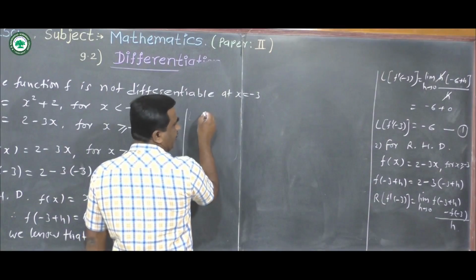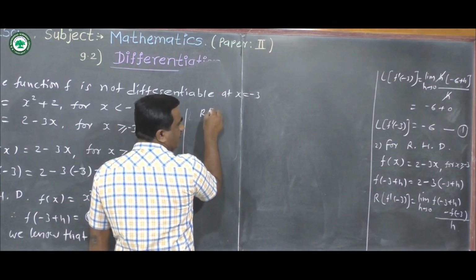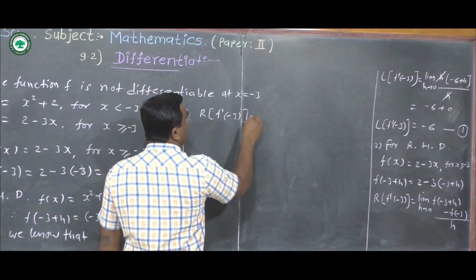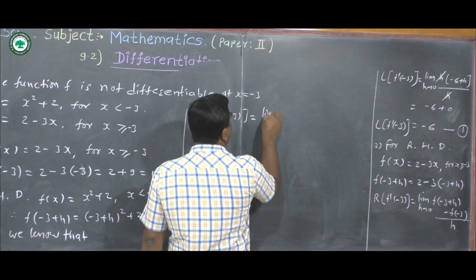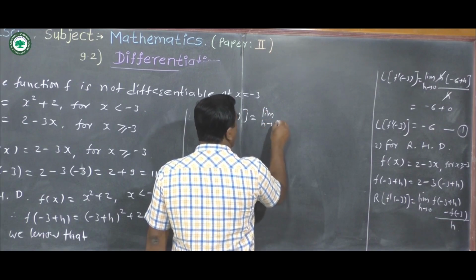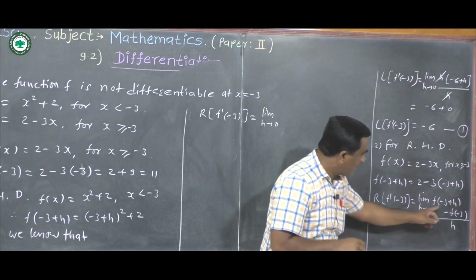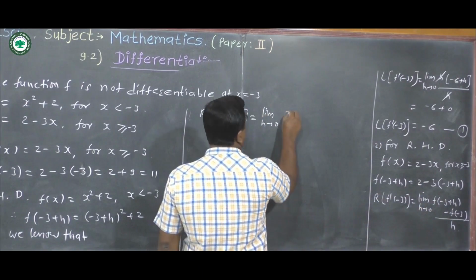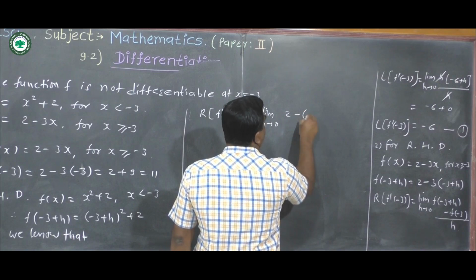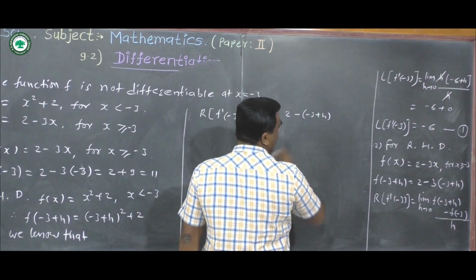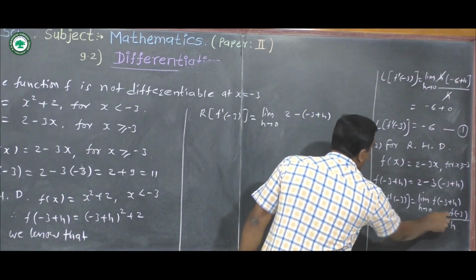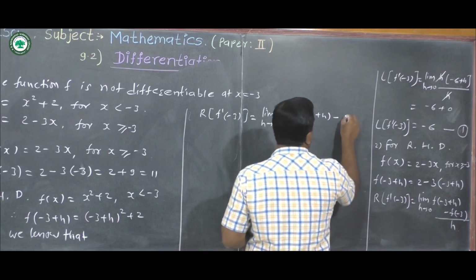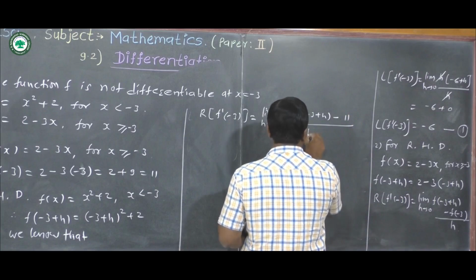That is, right hand derivative R f dash of minus 3 is equal to limit h tends to 0, f of minus 3 plus h is equal to this value, 2 minus in bracket minus 3 plus h, minus f of minus 3, which is 11, upon h.